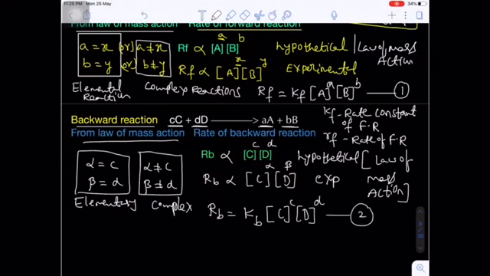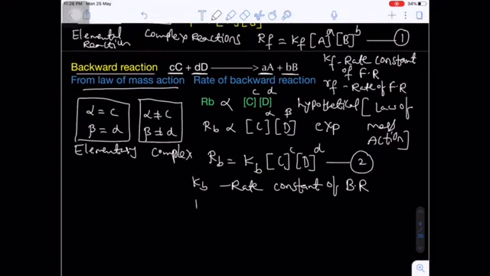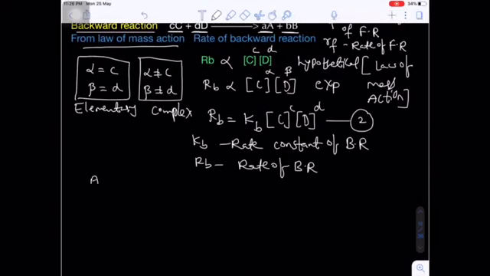Now here, what is the Kb? Rate constant of backward reaction. What is the Rb? Rate of backward reaction. Do you know the equilibrium condition?